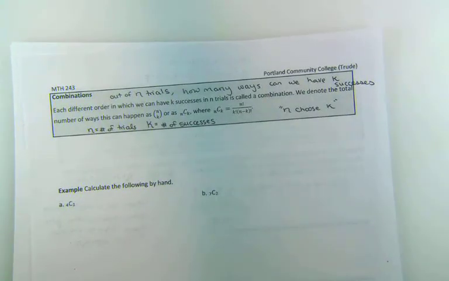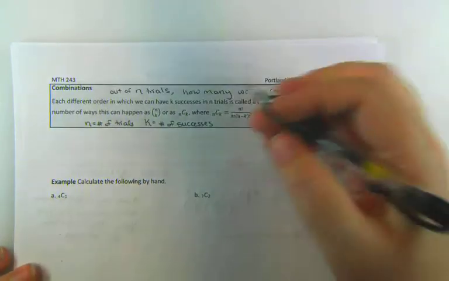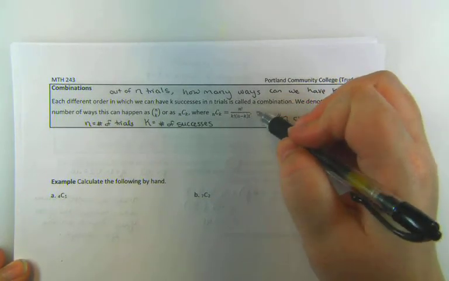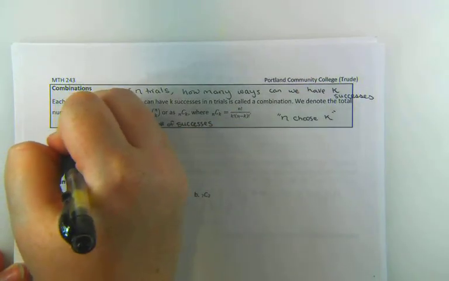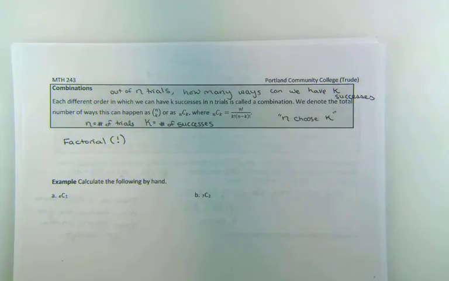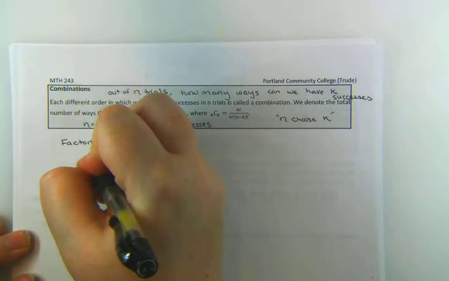So the formula for calculating our combinations uses the numbers for n and k working together, and then you're going to see these exclamation marks. Those exclamation marks are factorials. Whenever you see an exclamation mark after a number, it's a way of calculating with that number.